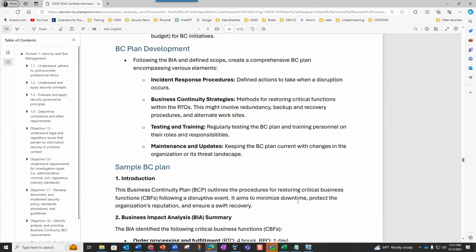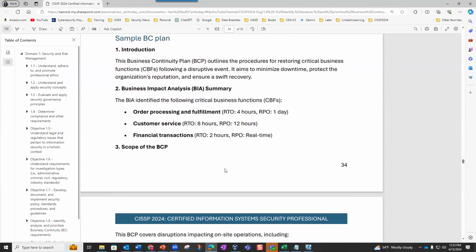This might involve redundancy, backup and recovery procedures, and alternate work sites. 3, testing and training, regularly testing the BC plan and training personnel on the roles and responsibilities. And 4, maintenance and updates, keeping the BC plan current with changes in the organization or its threat landscape.